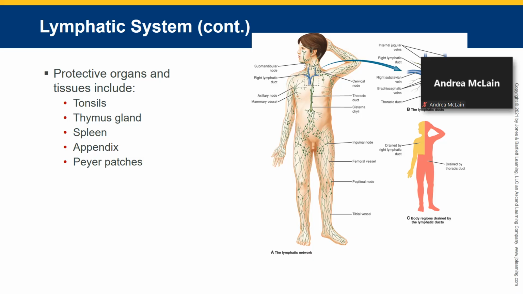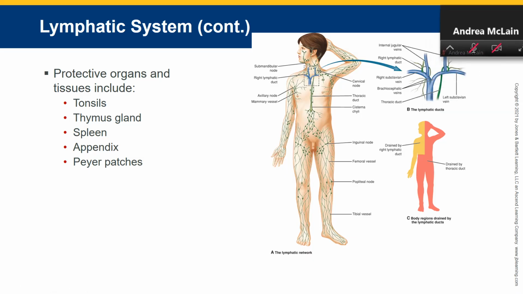The spleen is an organ that cleans up your blood, and it's a site where we see our immune system interact with pathogens in our blood. So it's a good place for us to be able to see if there's anything kind of pathogenic kicking around that we need to fight off.